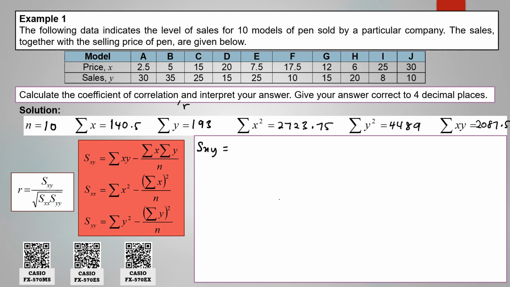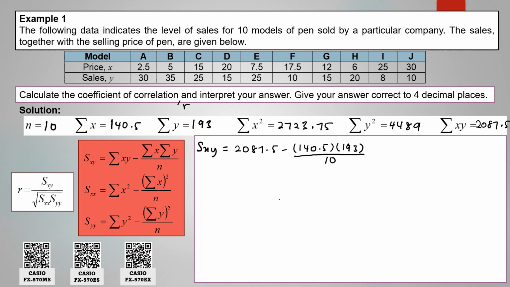Sxy equals, just put all the values in the formula, so you will get 2087.5 minus summation x is 104.5, summation of y 193, divided by 10.